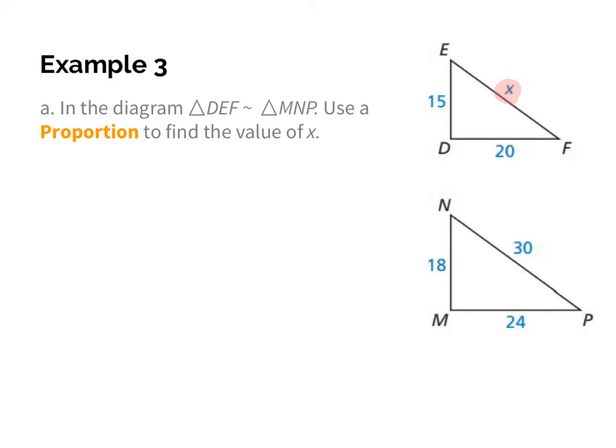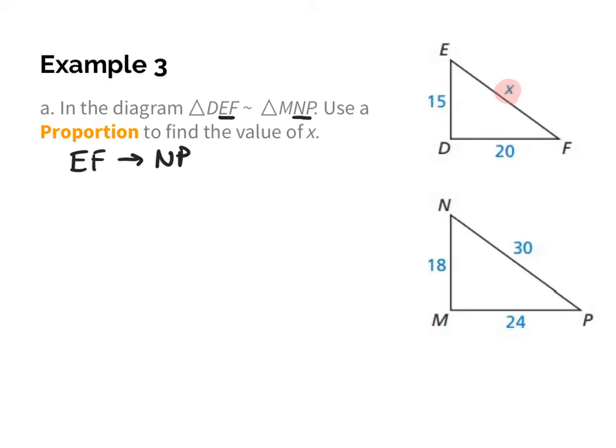What I need to identify first, using my similarity statement, is what the corresponding parts are. I obviously want to find EF, so the first thing I'm going to figure out is what EF corresponds to. Based on the similarity statement, EF are my second two letters. That would correspond to NP.